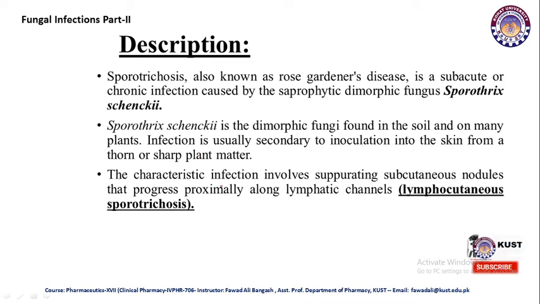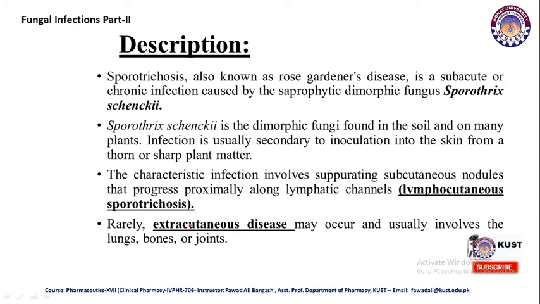The characteristic infection involves subcutaneous nodules that progress proximally along the lymphatic channels, called lymphocutaneous sporotrichosis. Rarely, extracutaneous disease may occur and usually involves the lungs, bones, or joints.